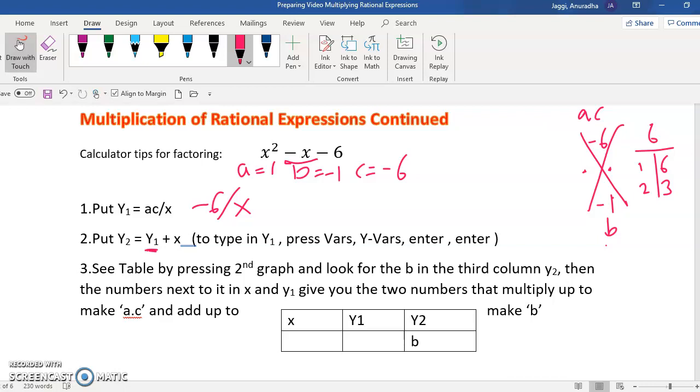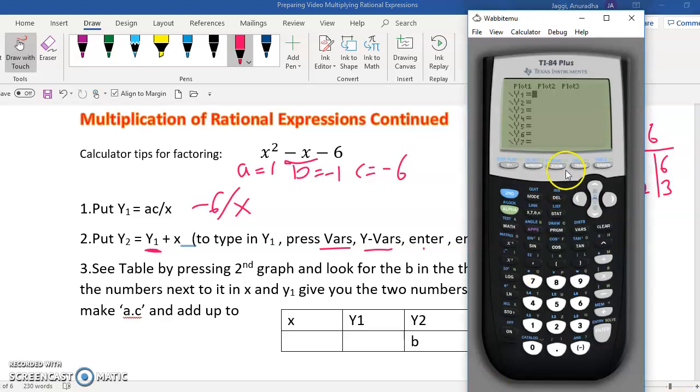To be able to type in y1, you go to vars, y vars, and then press enter and enter. So you have your y1 is -6 divided by x, and then you go to your y2 and you have to write it as y1 plus x.